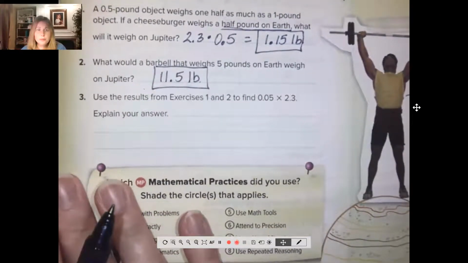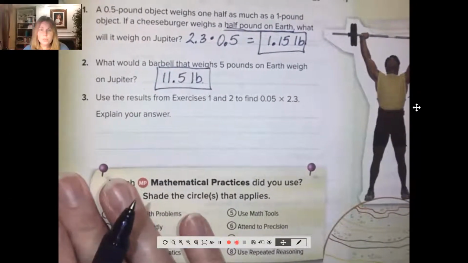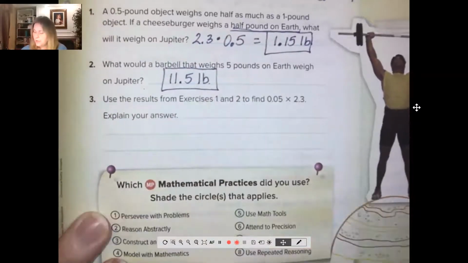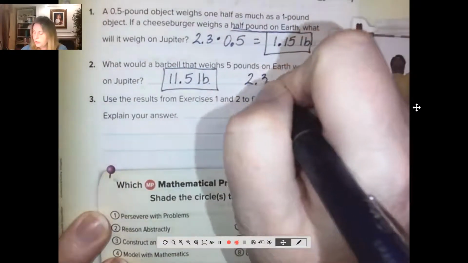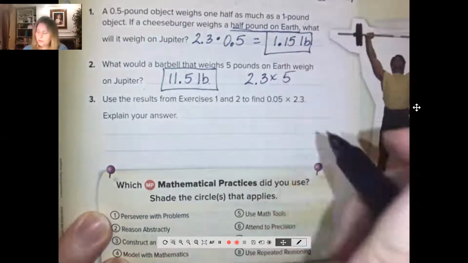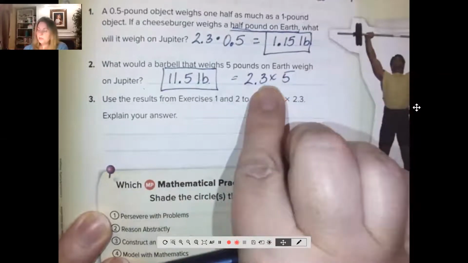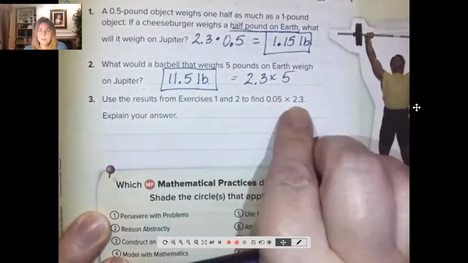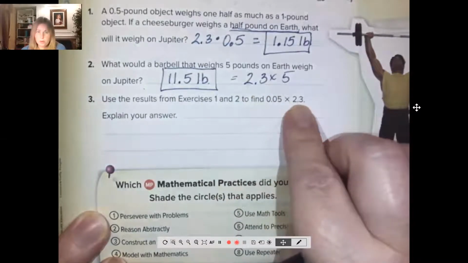All right, number 3, use the results from exercises 1 and 2 to find 0.05 times 2.3. So this problem, I'm just going to write the problem here horizontally, was 2.3 times 5. That's what we did. Here we're multiplying by the 2.3, and here we have a 2.3 as well.